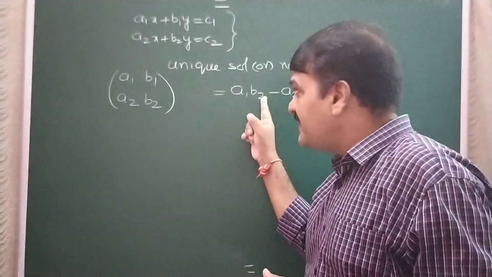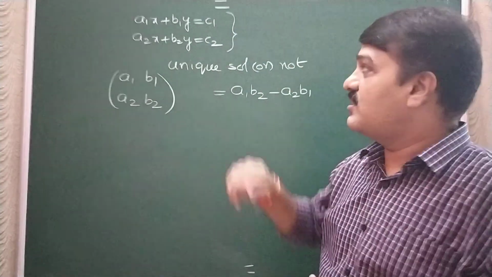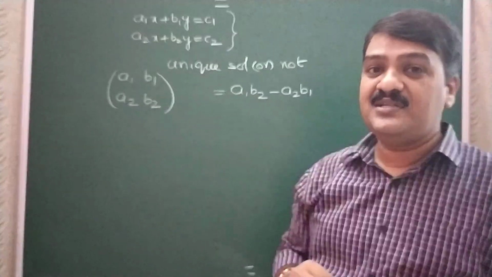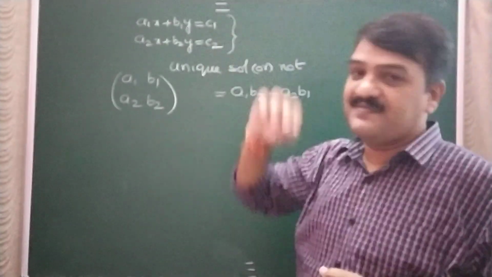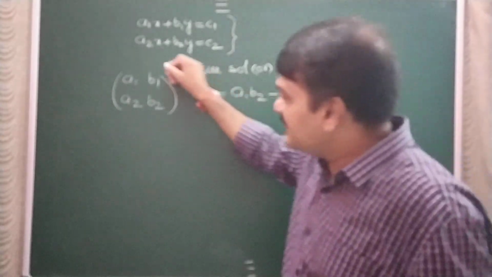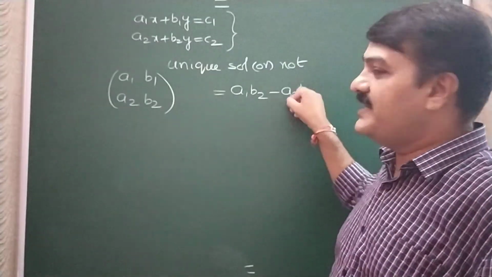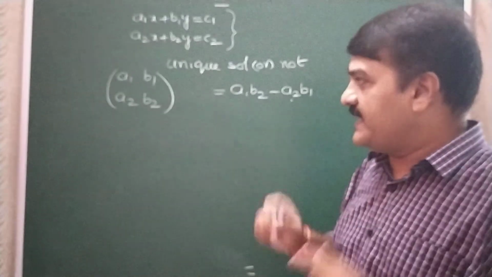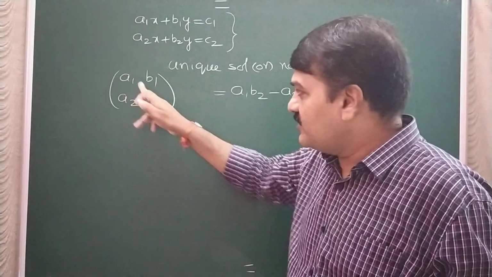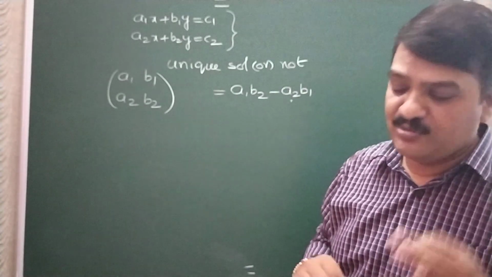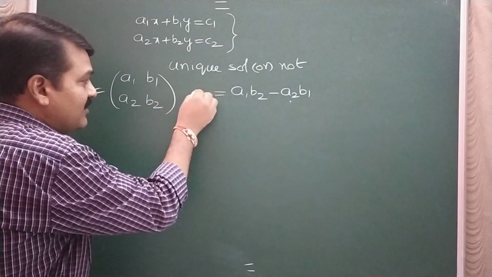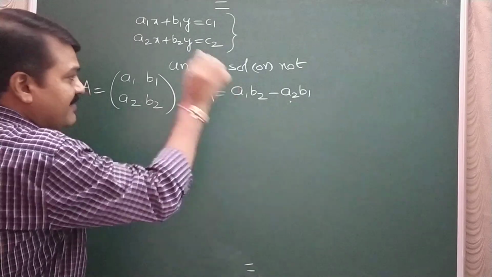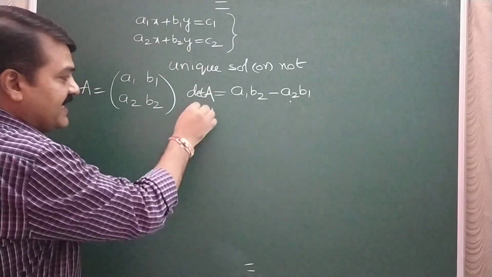So since this determines the unique solution of the set of equations, this is called the determinant of the set of equations. So the determinant of this matrix will be taken like this. For a 2 by 2 matrix, the determinant is a1 b2 minus a2 b1, that you can remember. If I take capital A as the matrix, determinant of A, this is the symbol we will use, or you can write like this.